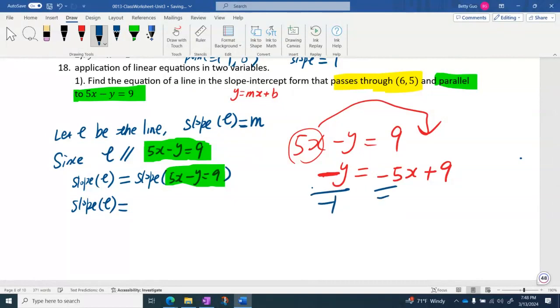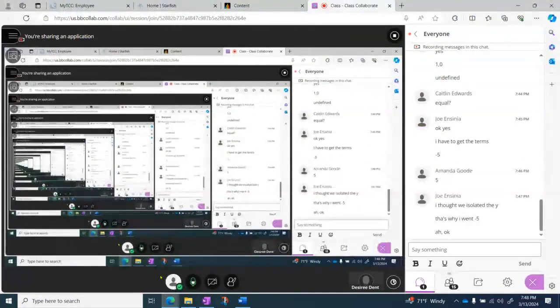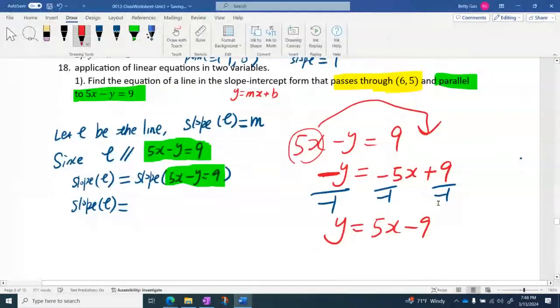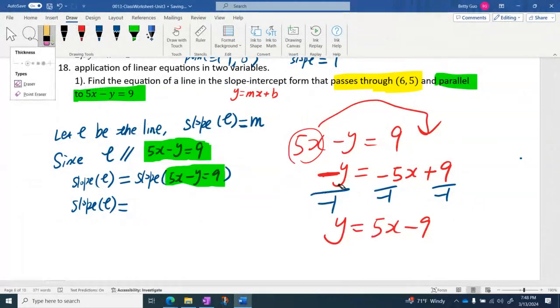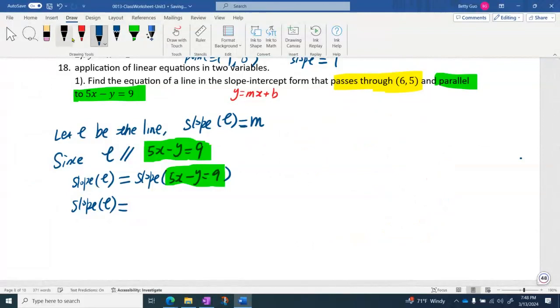So we divide by negative 1 throughout, and we have y equals negative 5 over negative 1, which is positive 5, x minus 9. Perfect, so it's a positive 5. Now we know the slope of the equation we are looking for is 5. Very good, we're making good progress.